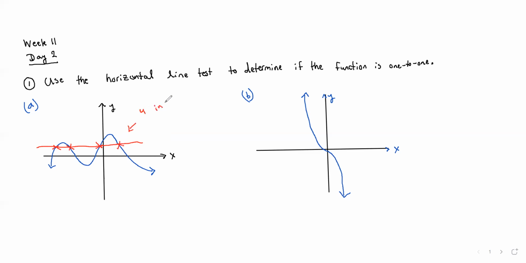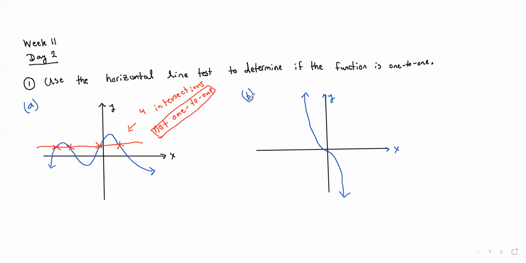So 4 intersections for this horizontal line. The horizontal line test says that if you have more than 1 intersection, then it's not one-to-one. So since this has 4 intersections, it's not one-to-one. So graph A is not a one-to-one function.